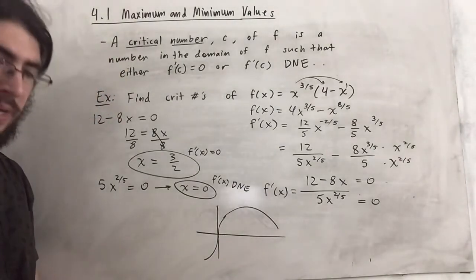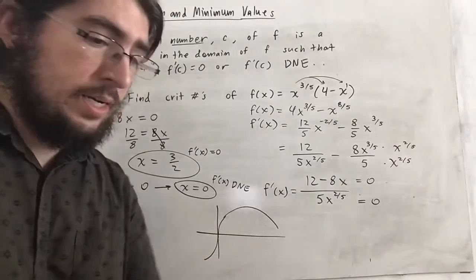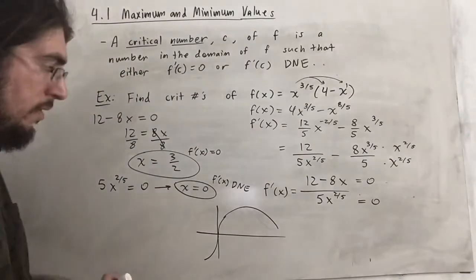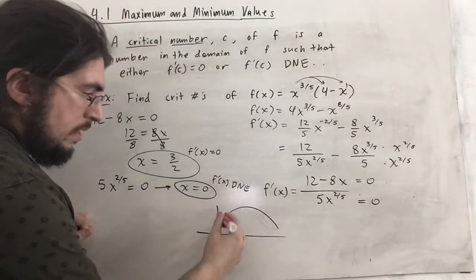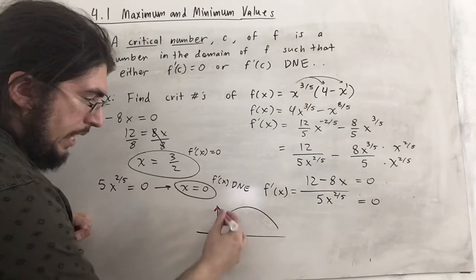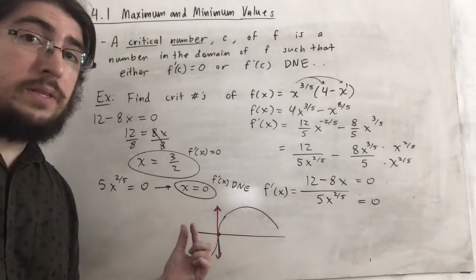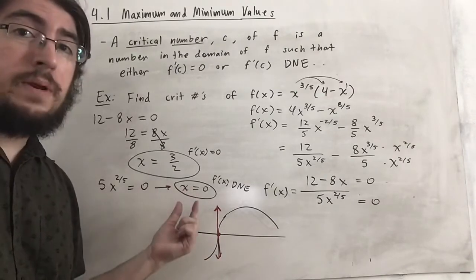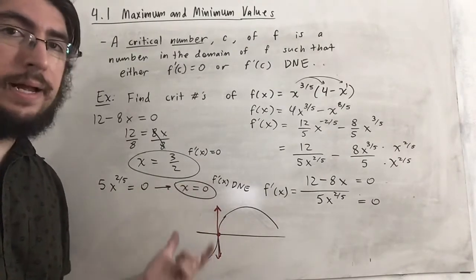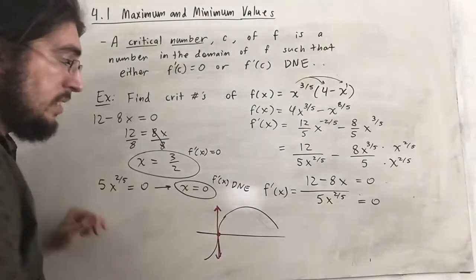But now the big point I want to emphasize is that at 0, there is a vertical tangent line. It's not a max or min though. It's possible it could have been a max or min, but it so happens it's not, which I warned you of previously.